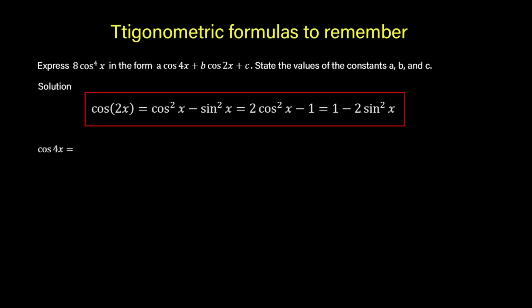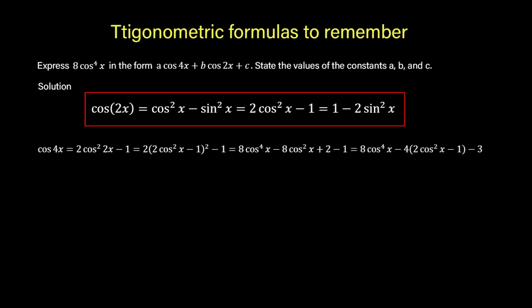Use a formula for the cosine of 2x. Now find 8 cosine of x to the power 4. So, a is 1, b is 4, and c is 3.